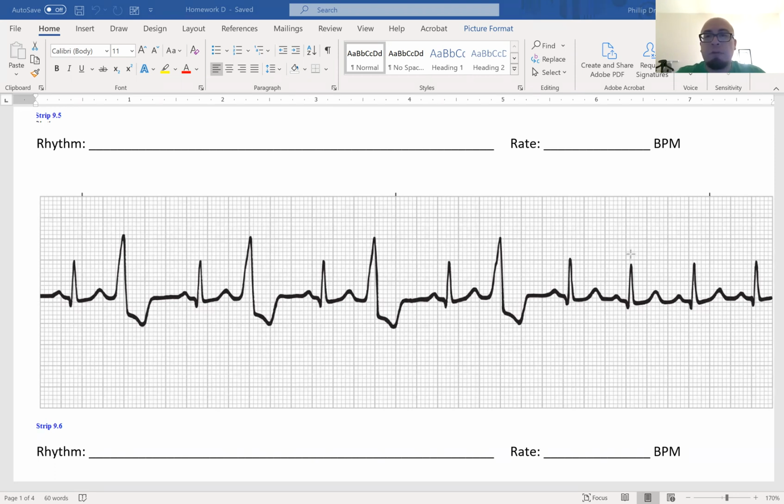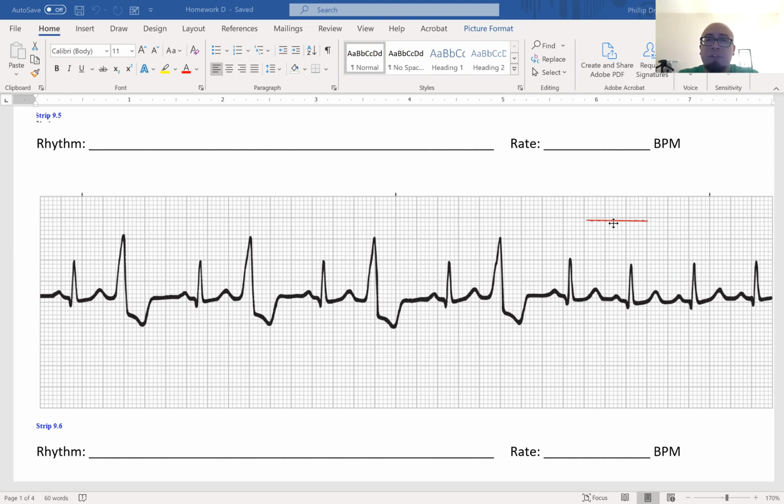So we'll check from here to about here, and then let's check for regularity there. And that is regular. So we're going to call this a regular rhythm. The underlying rhythm, or the majority of the rhythm, is regular. I made that determination by this back half, these back 4 beats.